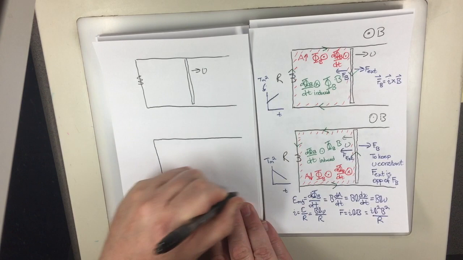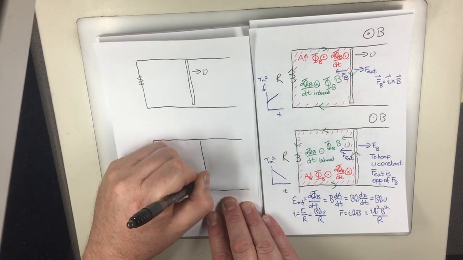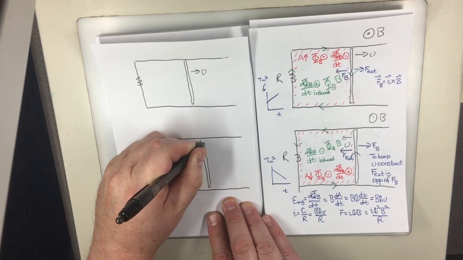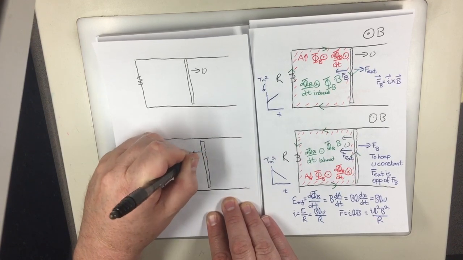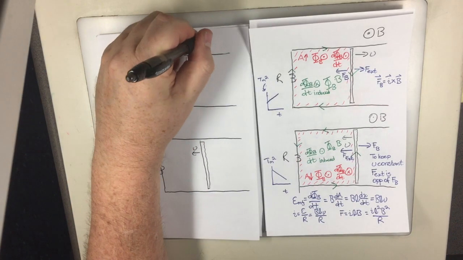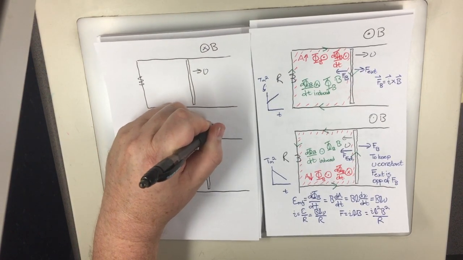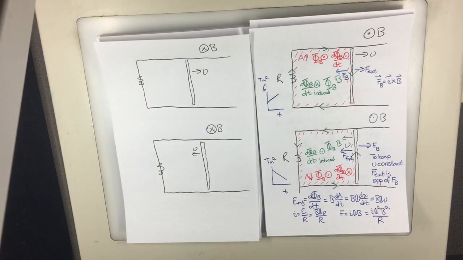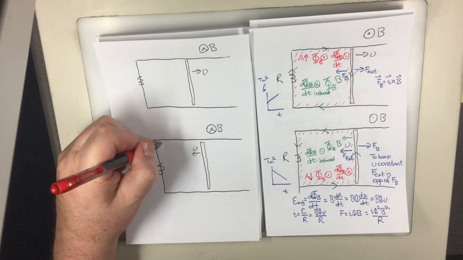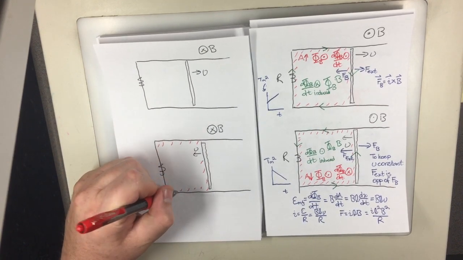Now the equations are all the same. And once again, one goes to the right, one goes to the left, but the B field now is in. The area is still this highlighted region.